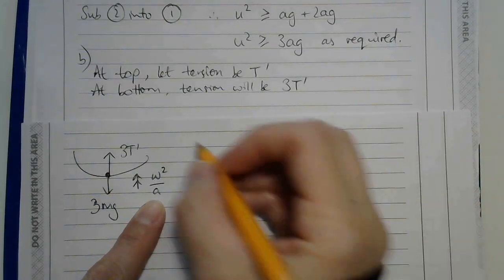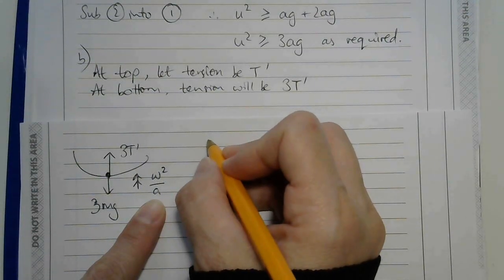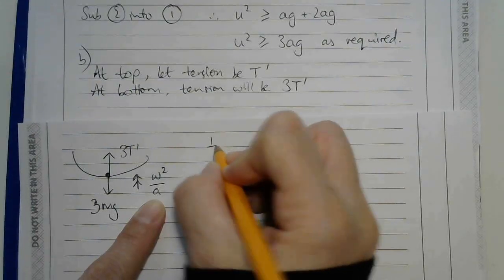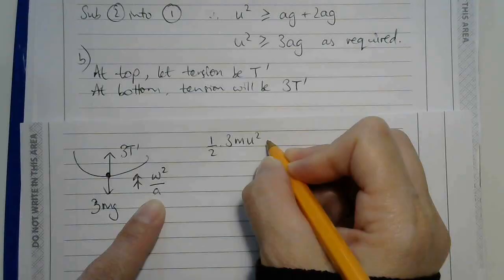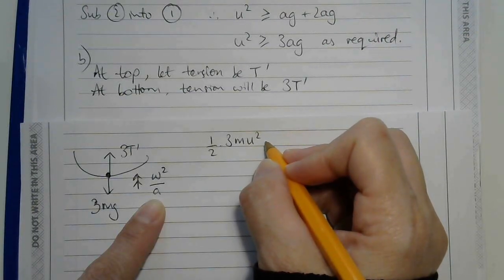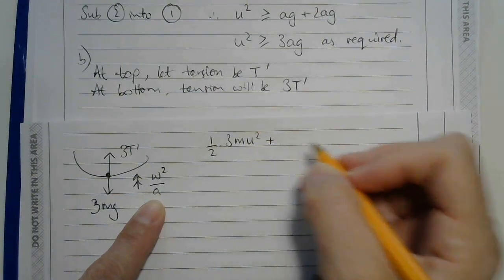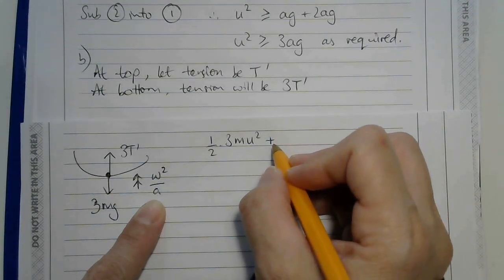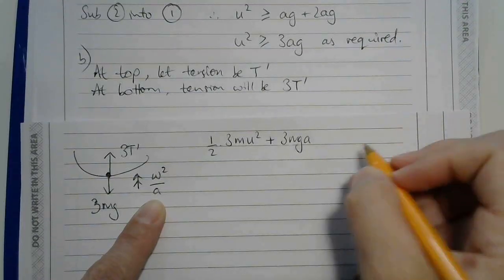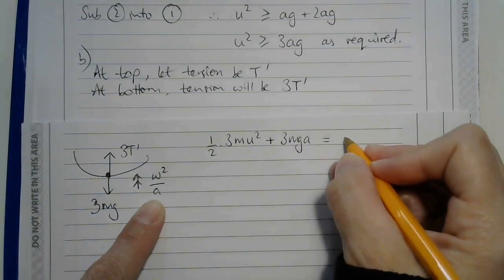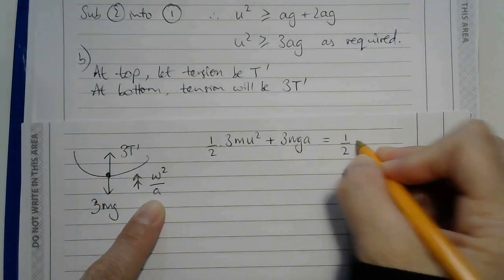Now, using energy, I've got that the energy in the first place, half times 3m u squared, which is the energy at A, plus the gravitational potential energy that it has there, 3mga, will equal this kinetic energy at the bottom.